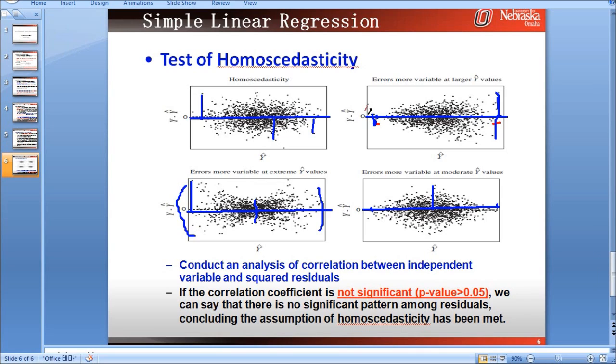The shape looks like this, right? Looks like this. We see a significant pattern here. A significant pattern is growing estimation error here, from the center to each end of the distribution.